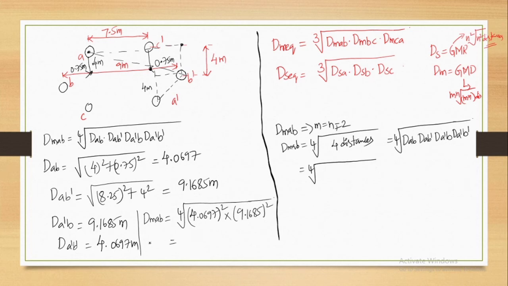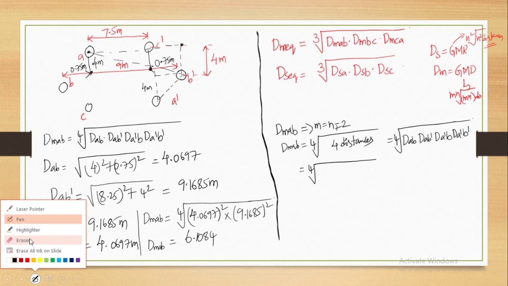Find now DMAB. The distance here is 6.1084. This is the DMAB. Now you need to evaluate DMBC, DMCA.